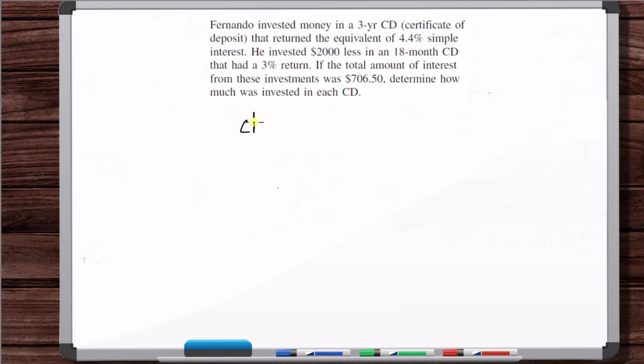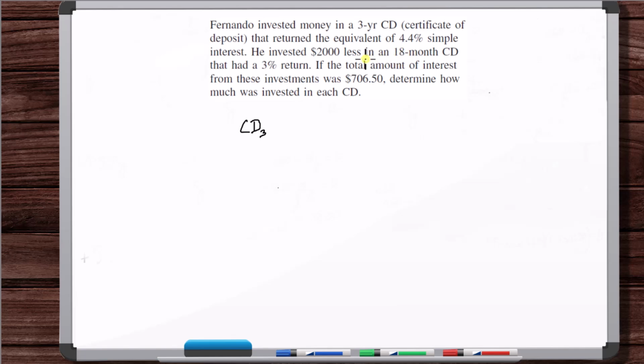So let's say that CD 3, and then if we look at this problem, he invested money in a 3-year CD. So, okay, we're trying to determine how much money was invested in each CD. So let's just say CD 3 is the amount of money that was initially invested in this 3-year CD. And then we also have this 18-month CD, and we'll call this, so 18 months is 1.5 years. We'll call this CD 1.5.